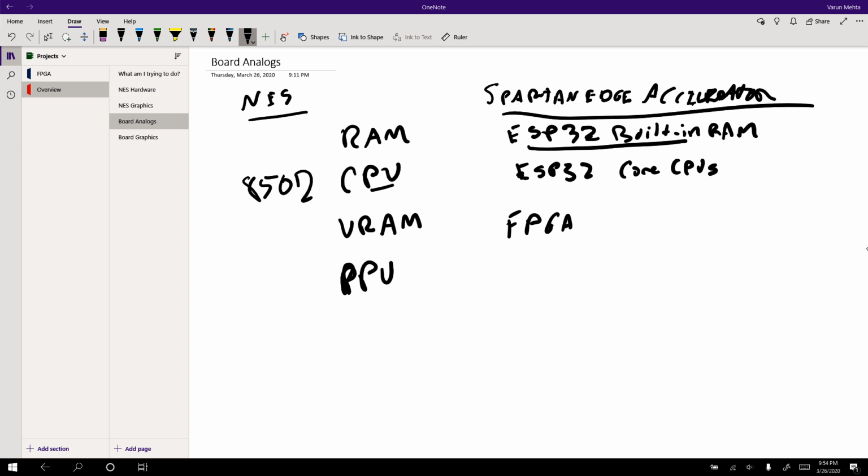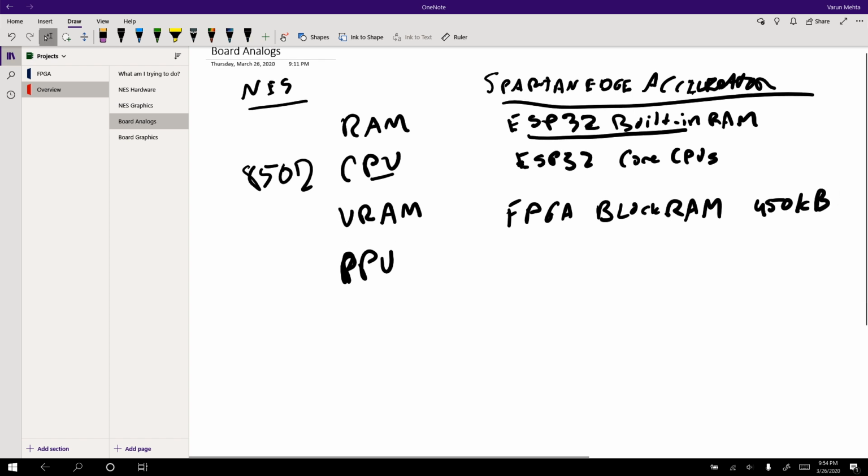So FPGAs have something called block RAM, and when you design the FPGA implementation, you can say what RAMs do you want, how much do you want, and where do you want it to be connected within your FPGA system to do what you want it to do. I think I'm going to get it wrong, but I think it was something like 450 kilobits, not bytes. Bytes would be great, but not kilobits, built into the FPGA.